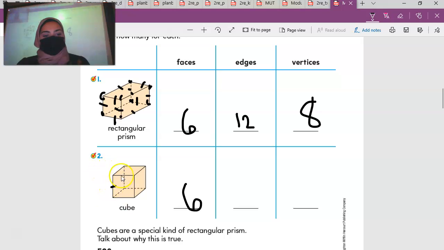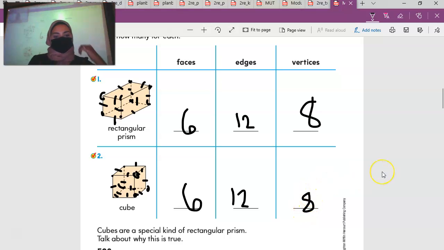Let's count again. 1, 2, 3, 4, 5, 6, 7, 8, 9, 10, 11, 12. It has 12 edges. And it has 1, 2, 3, 4, 5, 6, 7, 8 vertices.